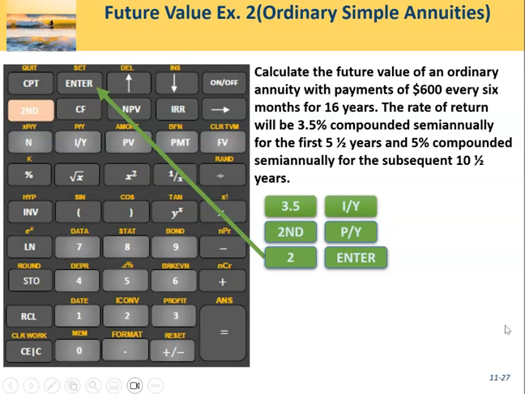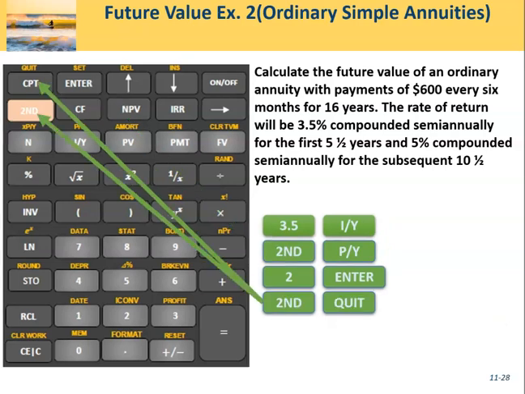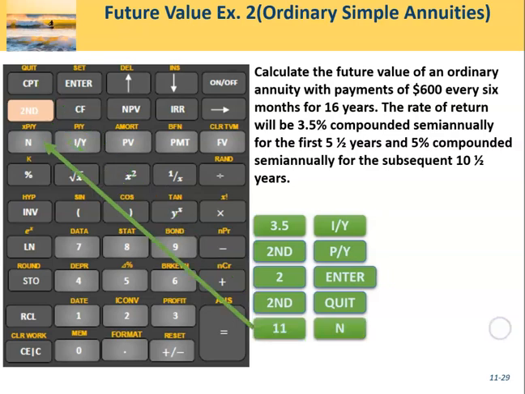So therefore, it's going to be 2 and enter. Now we need to come back up to the other level. So your second quit, so now we're back on the main level. And we need 11 N, because again, it's 5.5 years multiplied by the 2, which is the number of times it's being compounded semi-annually. So that's your 11 N.